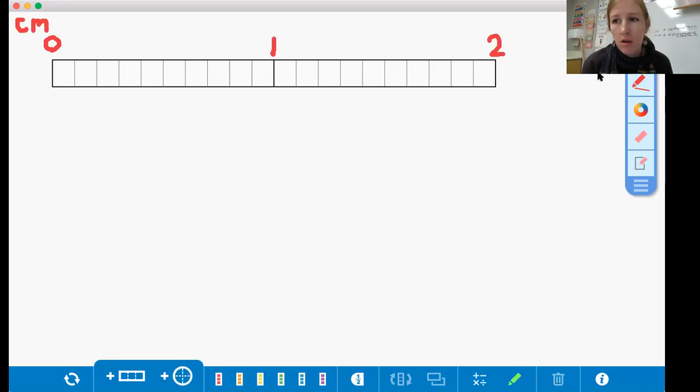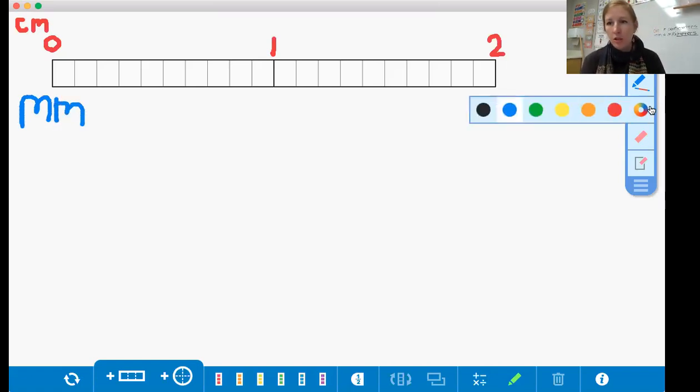Let me get a different color for my millimeters. I'll put mm. Oh, it's hard to write with this. Okay, so let's say I was measuring something and it went to here.